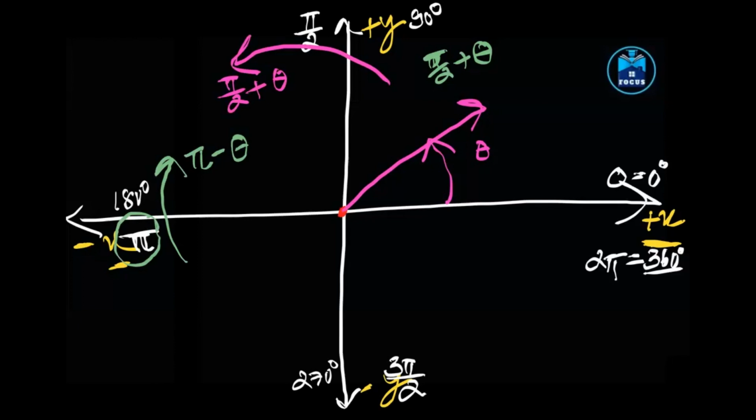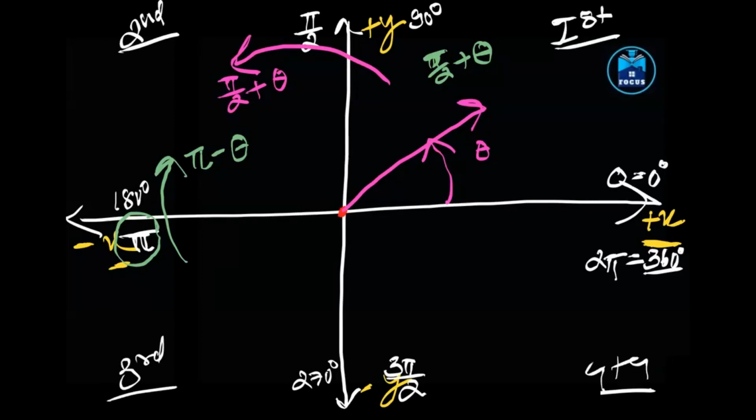Yes. Right, now let's say I need to go to the third quadrant. First of all, I forgot to write first, second, third, and fourth. The first quadrant is defined as the angle measurement between 0 degree to this.